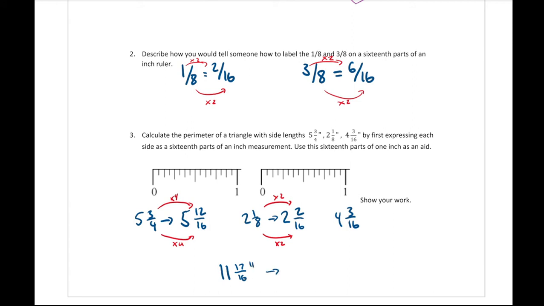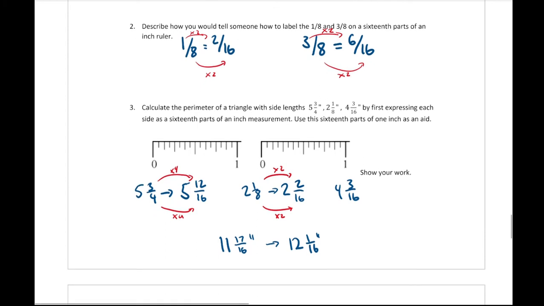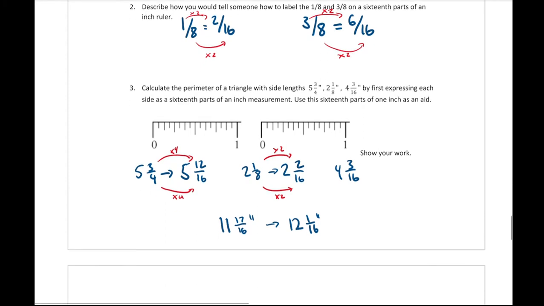I can change this improper fraction. There's actually a full inch there, so it's actually 12 and 1/16 of an inch. So again, just a lot of basically working with fractions, converting between equivalent fractions, and then even adding fractions there, or converting from improper to mixed.